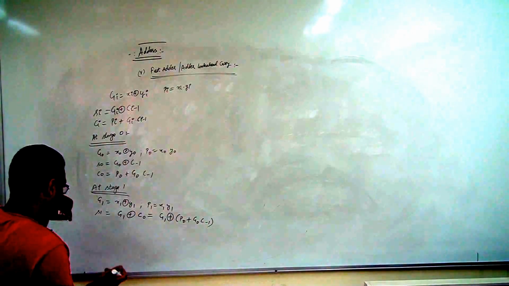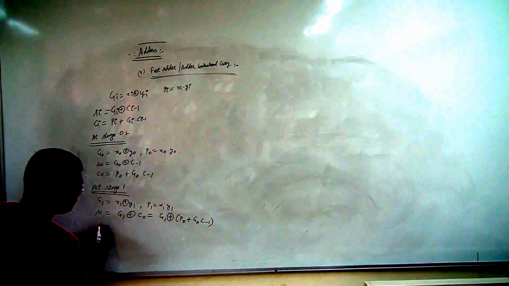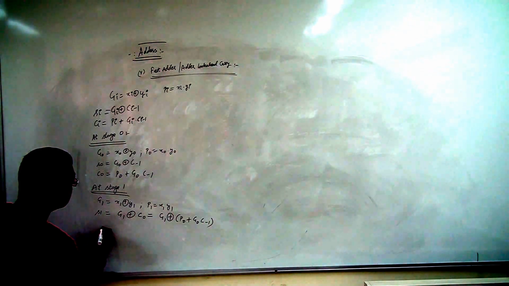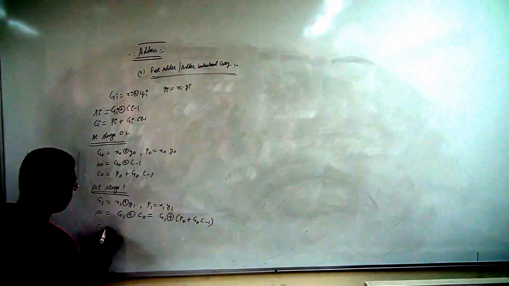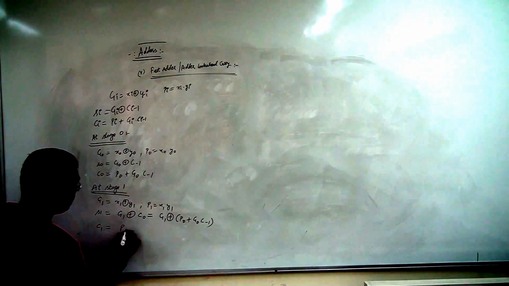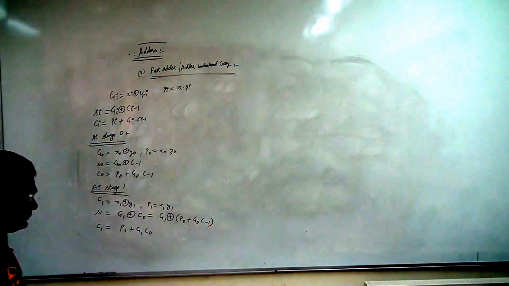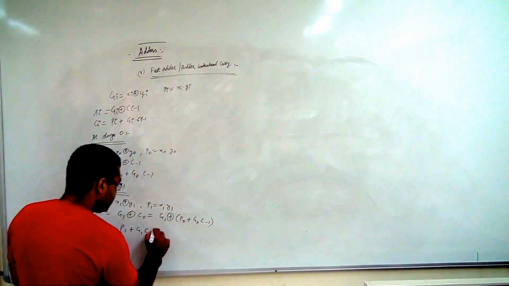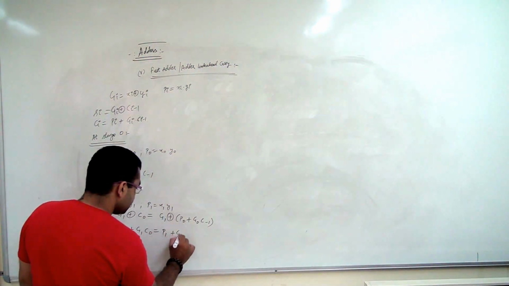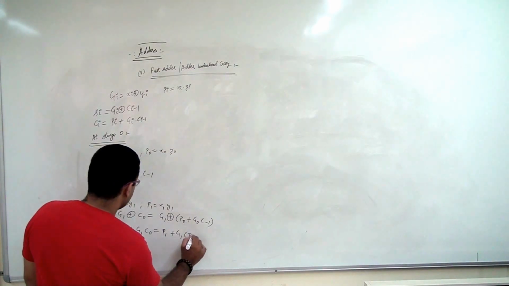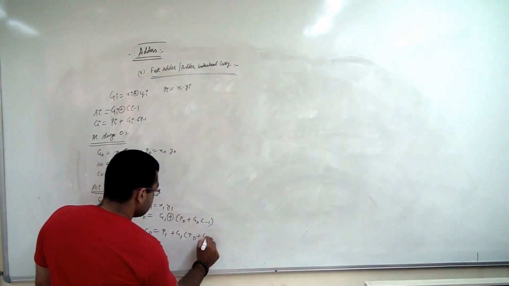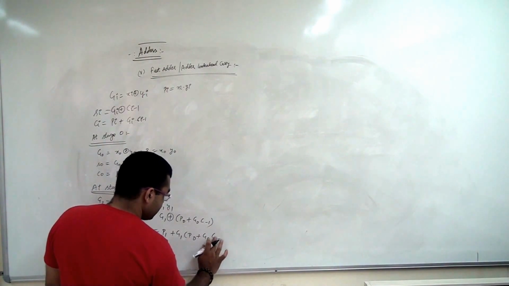Alright, and what is my C1? C1 will be P1 plus G1 C0. Now again, what is the C0? That is P1 plus G1 into P0 plus G0 C minus 1.